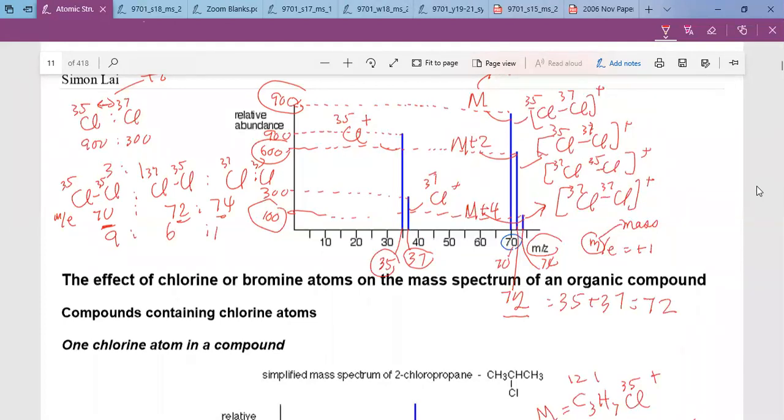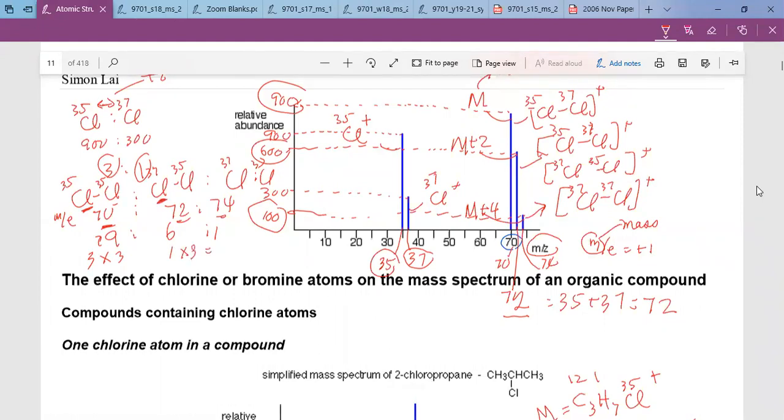The reason is, when you look at it from the mathematical point of view, I know that Cl35 is 3 to 1. So what are the chances to occupy this space here? There are 3 chances times how much for 35? Also 3, isn't it? That's why it's 9. So the chance of occupying a 37 here is 1 times, and to occupy 35 is 3.